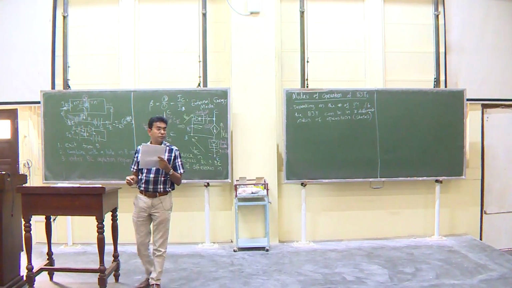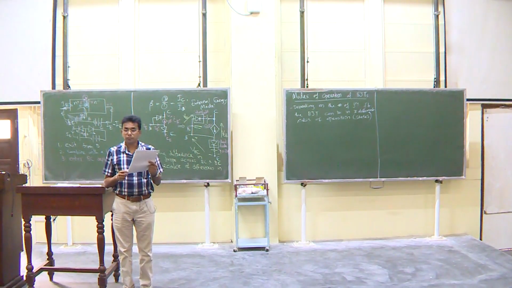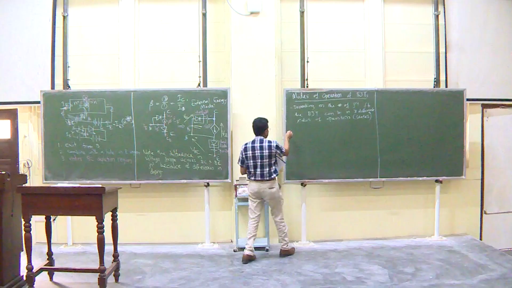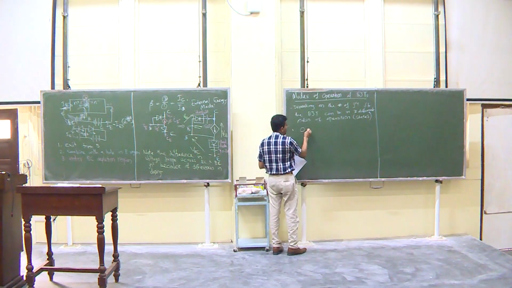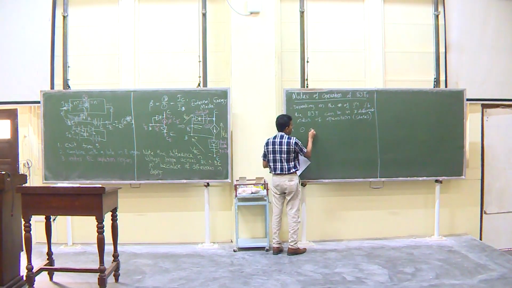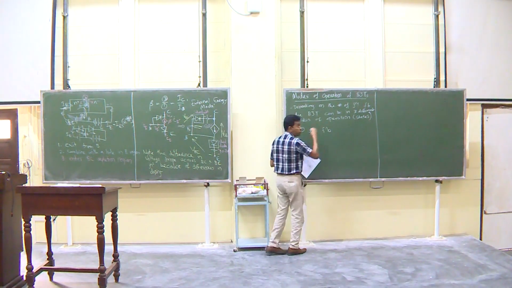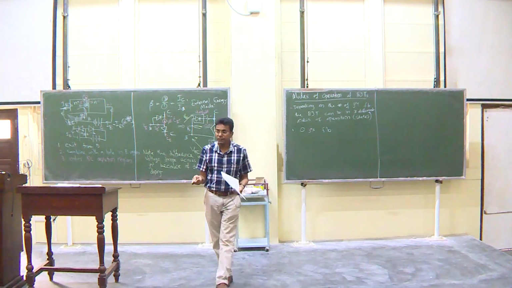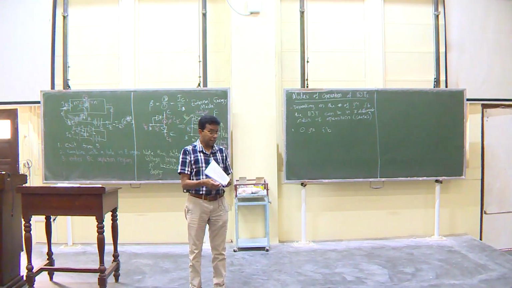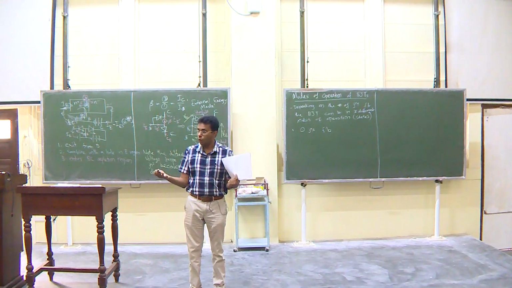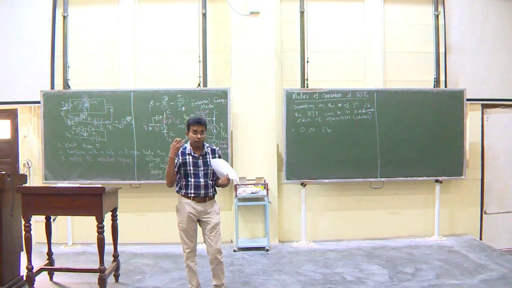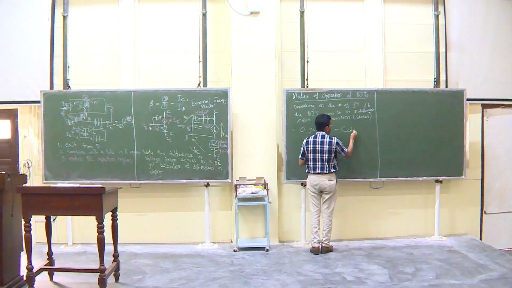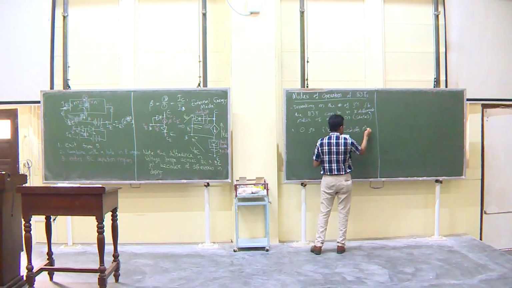The first is 0 junctions forward biased. That is, both junctions are reverse biased. If both junctions are reverse biased, there will be no significant current in any of the branches, both the diodes will be off, so no currents flow through them. So, we call this the cutoff mode.